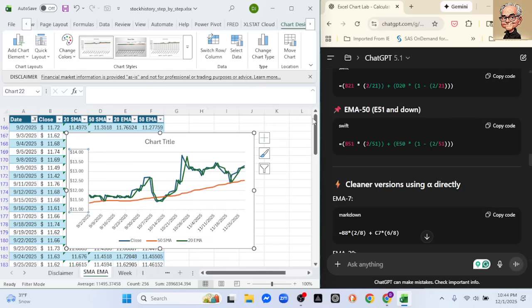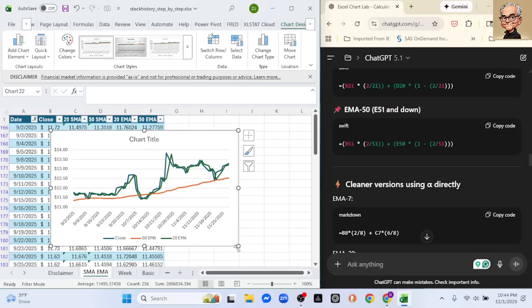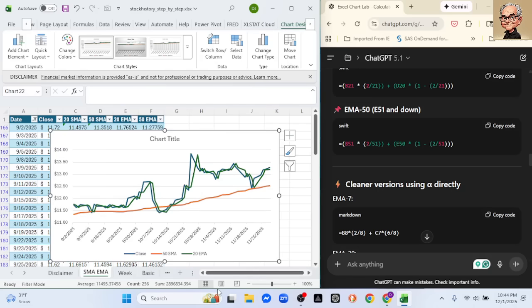Okay, and there you have it. The closing price, the 20 exponential moving average, and the 50 simple moving average. Okay, let's make this a little larger, just in case YouTube wants to have it.